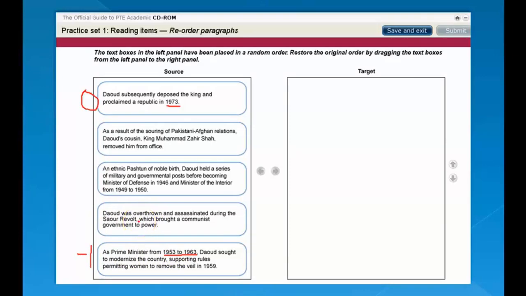This is probably going to be 1, because it occurs after 0. An ethnic Pashtun, since it describes 1946, 1949 to 1950, this probably occurs before 1953, so this will be -2.